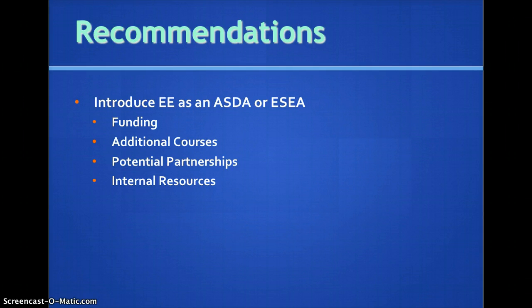And we really want to emphasize the importance that the field of EE is growing, and that your students will have really highly marketable skills and would really benefit from having EE as a concentration in their undergraduate studies. So we really hope that University of Kentucky continues to work towards this goal.